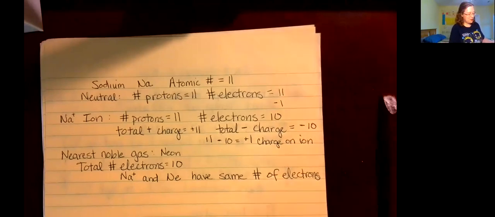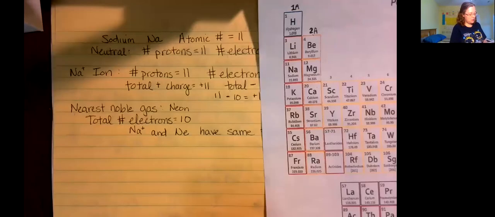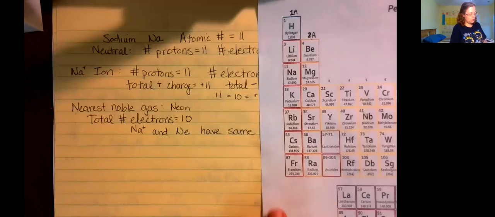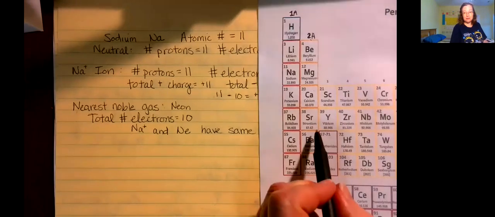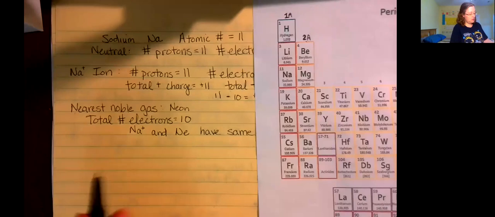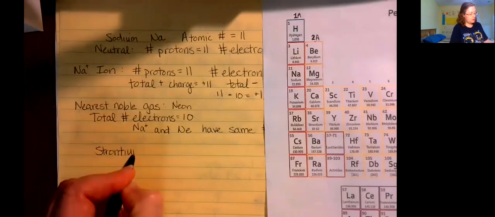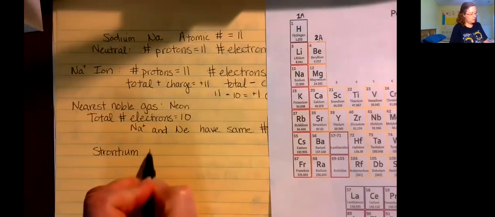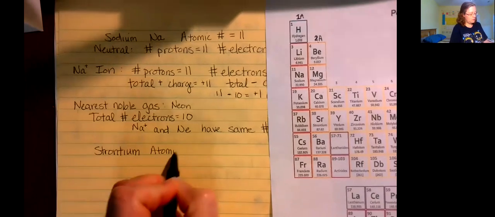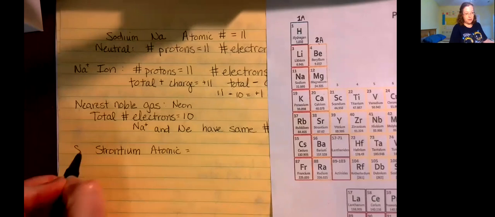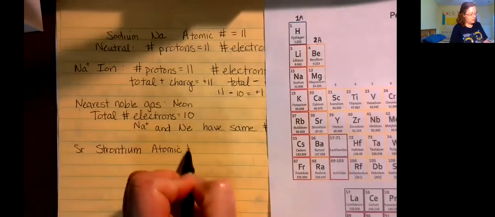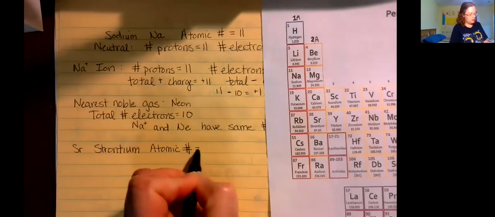Let's do another one together. How about we do strontium? It's way down here. So we've got strontium, or Sr, and its atomic number is 38.